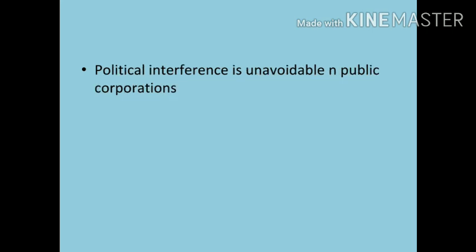The fourth point is related to political interference. In public sector undertakings, political interference is unavoidable. Who should come to the top post might be decided by political parties or political personnel. When they are appointed to that post, the criterion may not be efficiency or qualification, but some other interest.